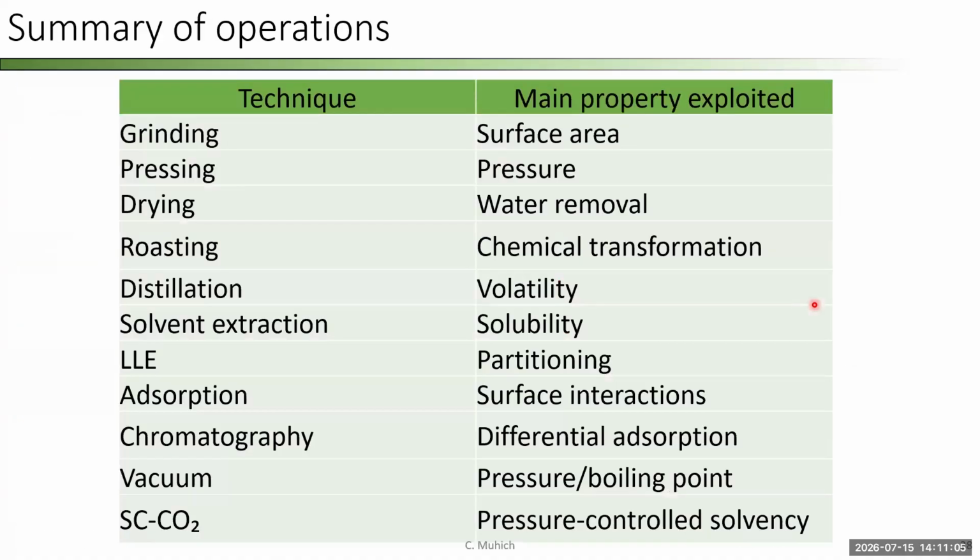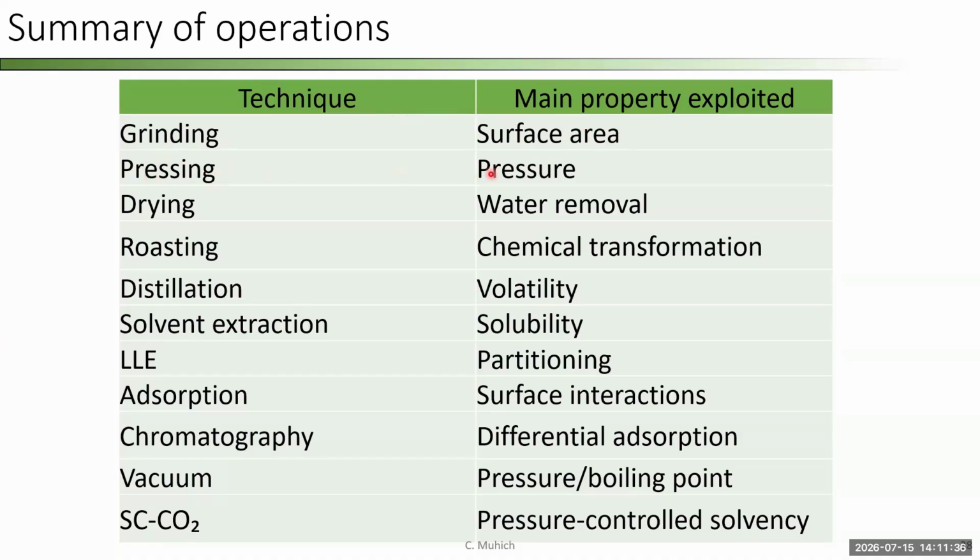All right. We have now spent a lot of time covering many different types of techniques. So I just want to do a brief summary of what they are and what property is exploited. Then we'll talk about some advantages and disadvantages of these different pieces. We talked about grinding. This is used to create additional surface area, which is used in secondary processing steps.